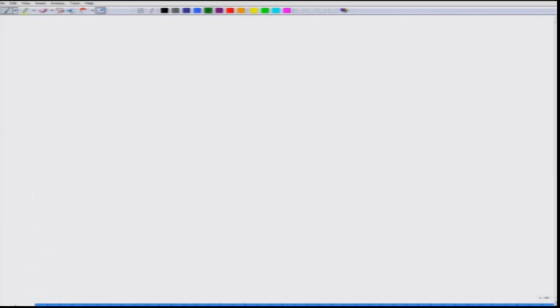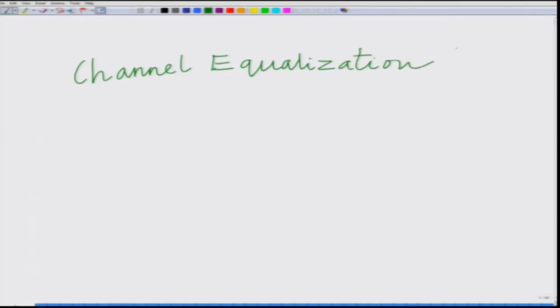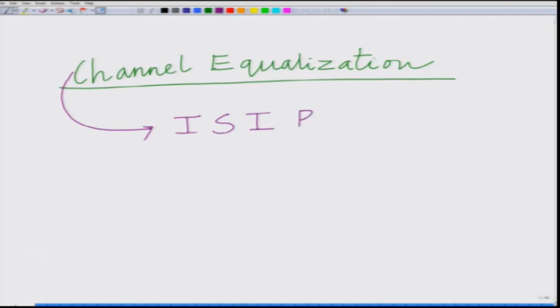We are currently looking at channel equalization, and channel equalization, as you know, is done for ISI removal, that is to remove the intersymbol interference, where ISI stands for intersymbol interference.